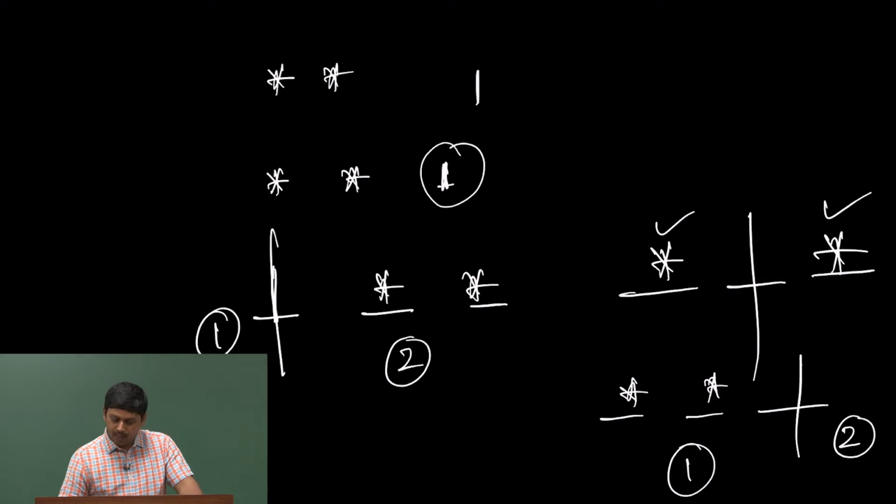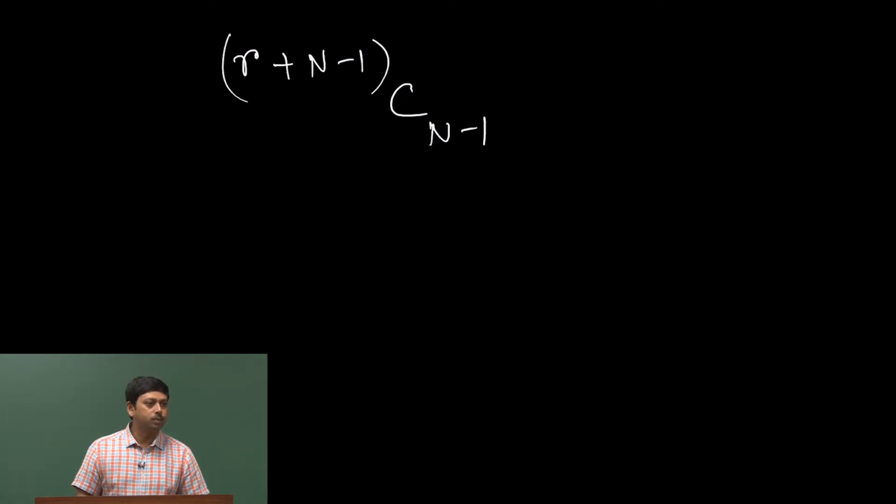Therefore, I have r number of stars plus n minus 1 number of bars. This many spaces I have, in which I can put the n minus 1 bars wherever I want to, and that will divide the energy into different distinguishable particles. You can say indistinguishable particles into different boxes, whichever way you can think of.